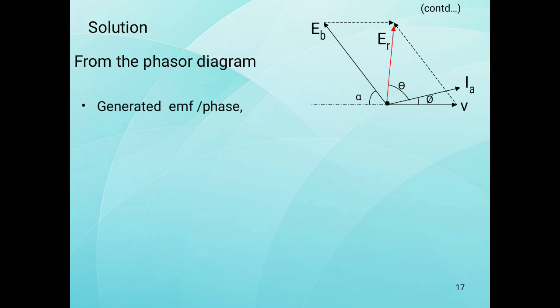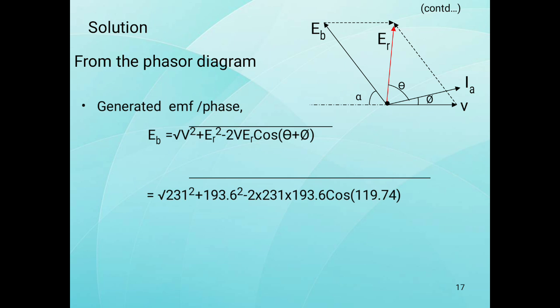Next, from the phasor diagram, the generated EMF, that is EB. What is the formula for the leading case? Here EB is equal to the square root of V square plus ER square minus 2 V ER cos of theta plus phi. This is for the leading power factor.